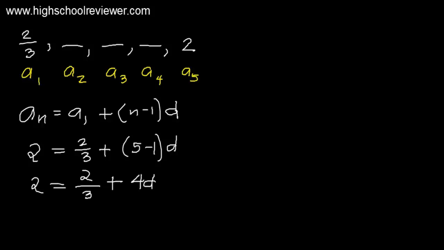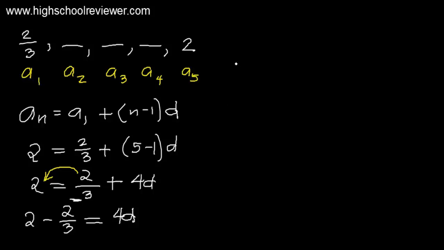So to find for the value of d, we need to transpose positive 2/3 to the other side. So transposing, we will have positive 2. If we transpose positive to the other side, it will change sign. This will become negative or minus 2/3 and equals to 4d. Okay, so we have here 2 minus 2/3.